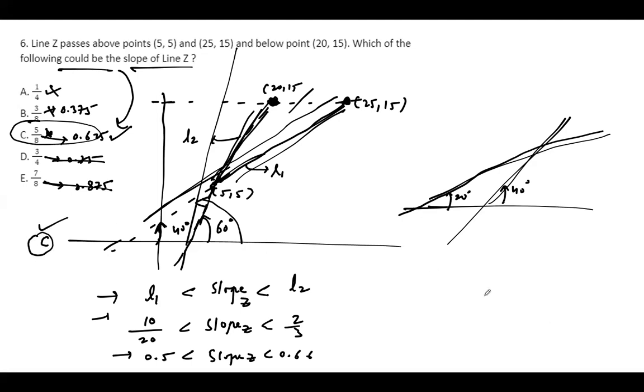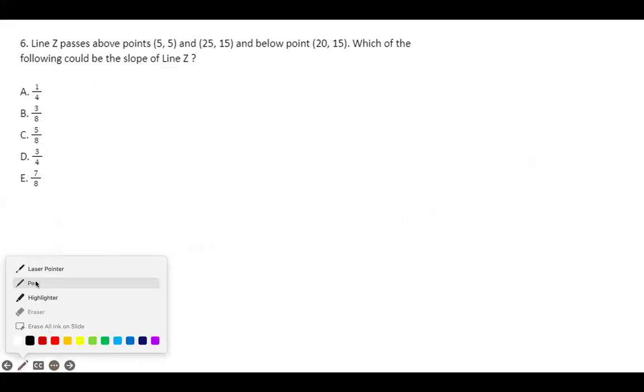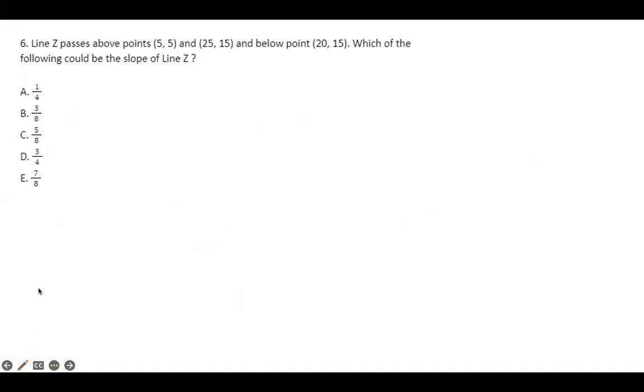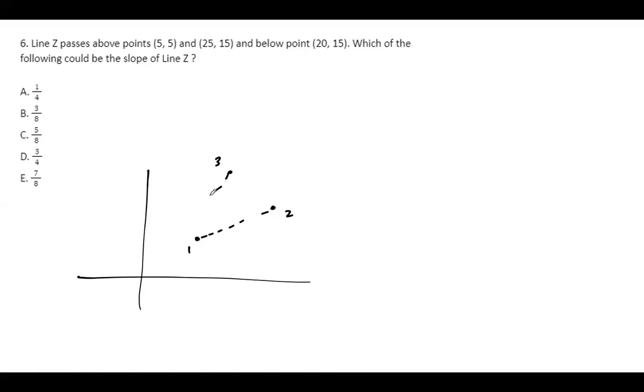I hope it's clear. Let's say if we were to make this question simpler, let's say there is a point 1, point 2, and point 3. I am saying there is a line that is passing through point 1, but it is below point 3 and above point 2.